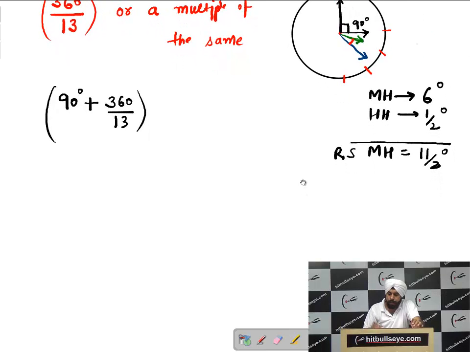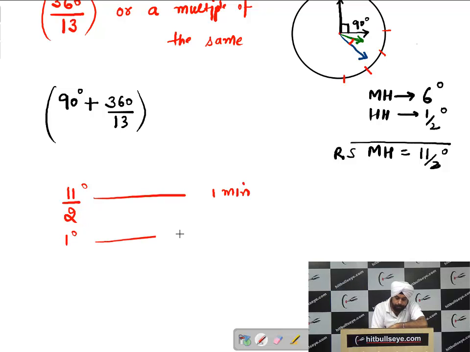Right students? Now minute hand has to relatively cover 90 degrees plus 360 by 13. All that is to be covered relatively. We know minute hand covers 11 by 2 degrees relatively in 1 minute. So it will cover 1 degree in 2 by 11 minutes.